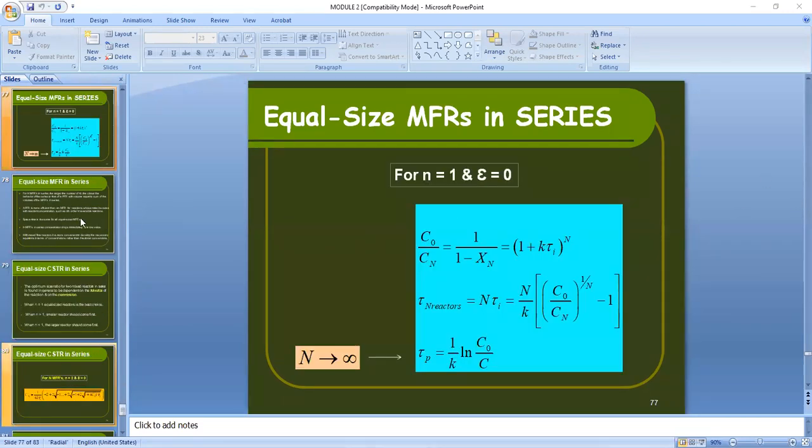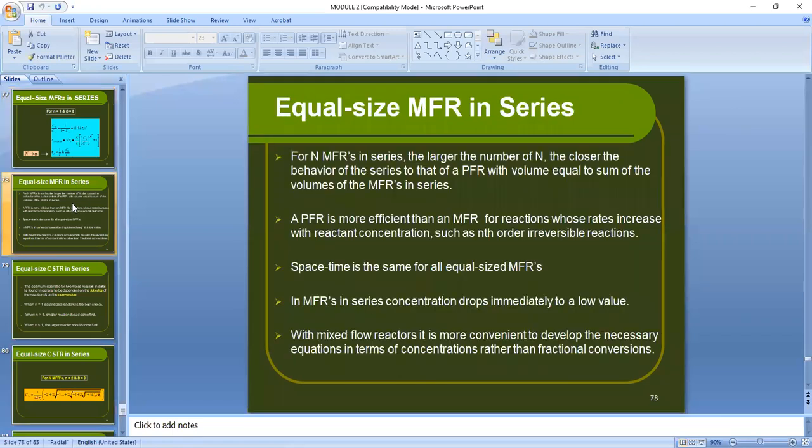Now we have these generalizations for equal-sized MFRs in series. So for n MFRs in series, the larger the number n, the closer the behavior of the series to that of a PFR with volume equal to the sum of the volumes of the MFRs in series.